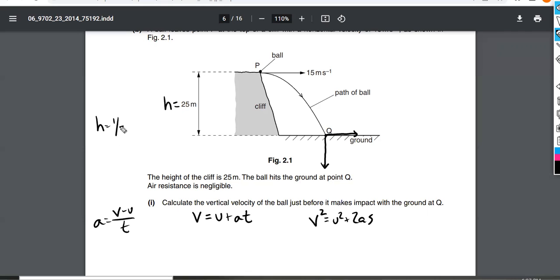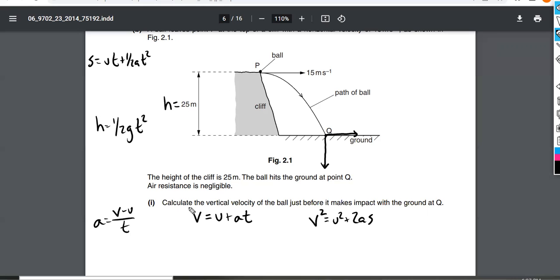Remember our shortcut h equals 1/2 gt squared, which comes from the more general s equals ut plus 1/2 at squared. So because the initial velocity is 0 in the y direction, the displacement is this height, 25 meters, and we could readily solve for the time that it would take this ball to fall.